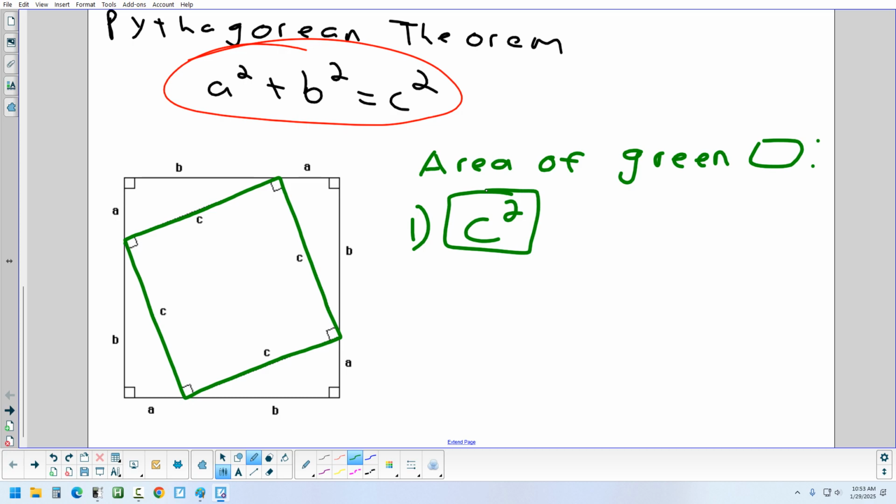Okay. Now, I want to think about finding the area of this red square as a way to get the area of the green square. If I had the area of the red square, what could I then do to get the area of the green square?